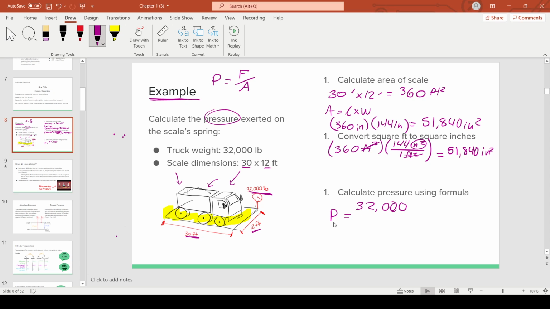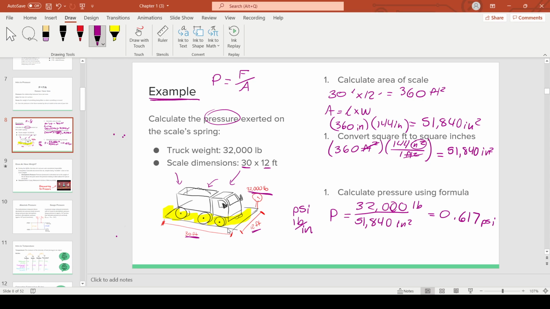Remember that pressure can be measured in PSI, pounds per square inch, which is what we're going to get here. 32,000 divided by 51,840 square inches is going to give us 0.617 PSI, or pounds per square inch, okay?